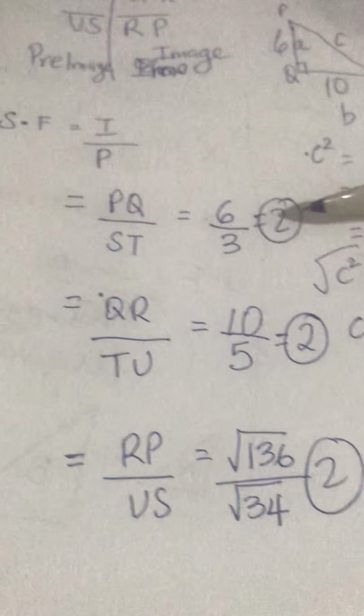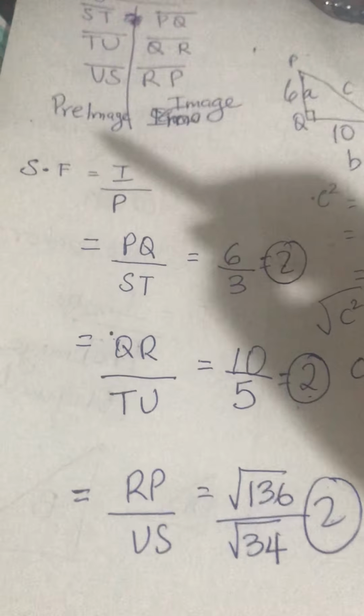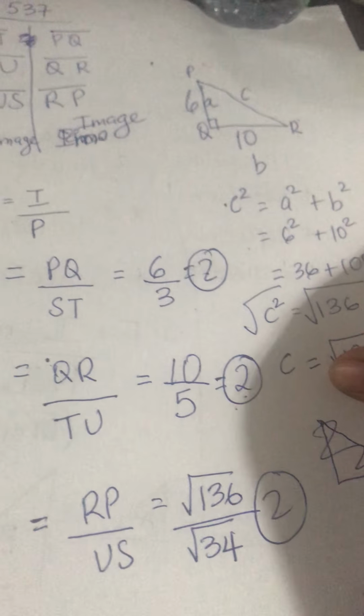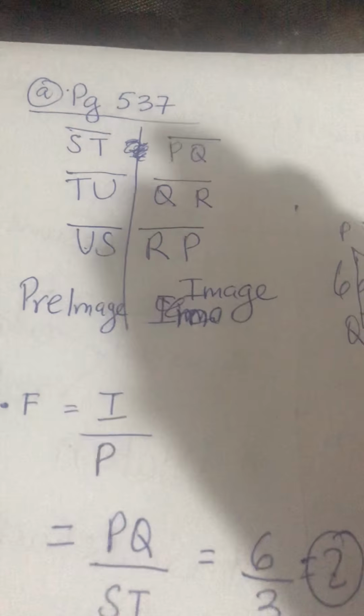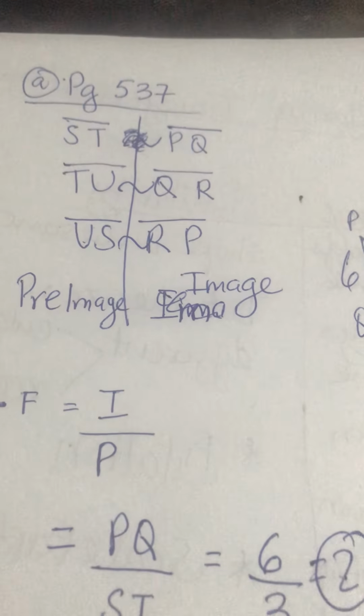Now, the scale factor is the same for the corresponding sides. Then, these two triangles are similar. So we will write our sentence. Triangle STU is similar. That is the symbol for similar. Oh, yes. So then that's what we put over here. Instead of putting congruency, put similar. There, like that. Okay? So this is the symbol for similar.